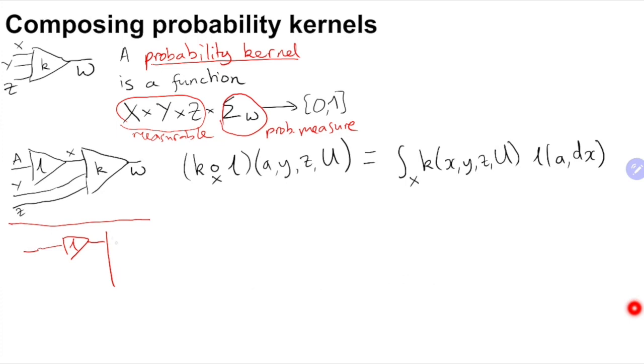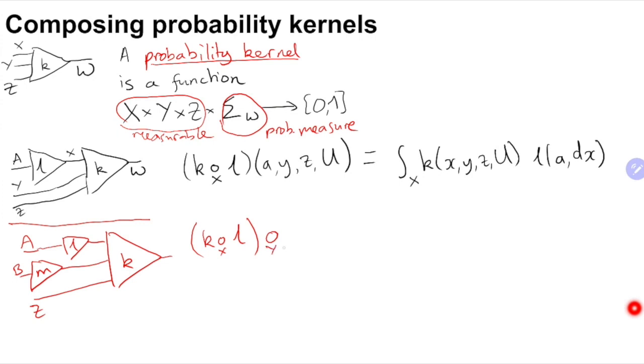Looking at this picture here, let me draw a composition of 3 probability kernels. I'll plug L in, but I'll also plug in M. That's another kernel, and let's say that's going to be over a space B, and then we still have Z coming in as a parameter to K. When we form this composition of K composed with L composed with M, that gives us another kernel which depends not on A, Y, Z, but on A, B, Z. And it's going to tell us the probability of landing in some set U. That probability will be found just by following the recipe for composing kernels, and I'll show you the result.